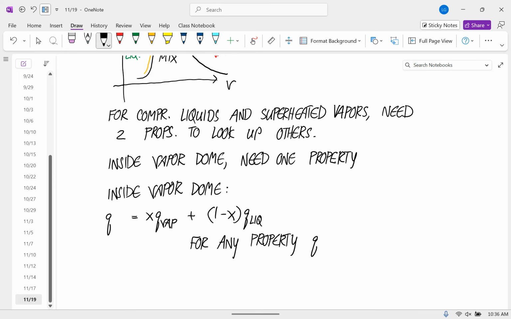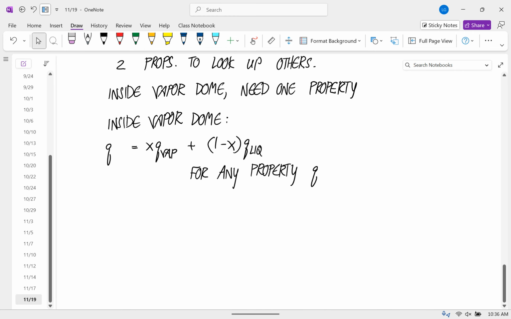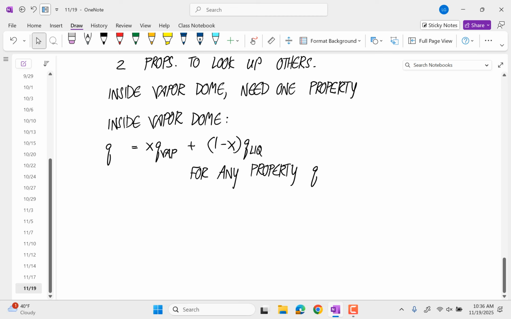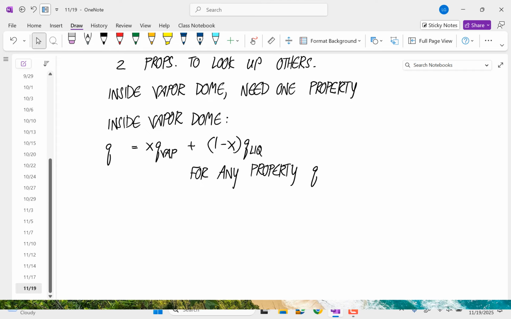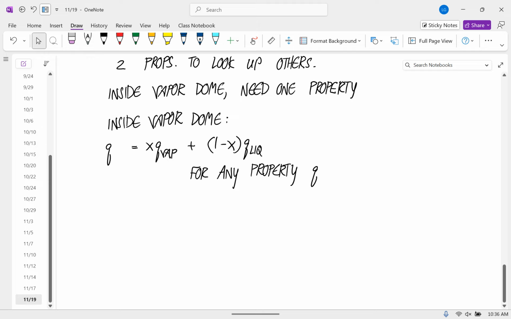Professor, could you write down the quality equation, please? The definition? Yeah. So X is equal to the mass that's vapor divided by the total mass.